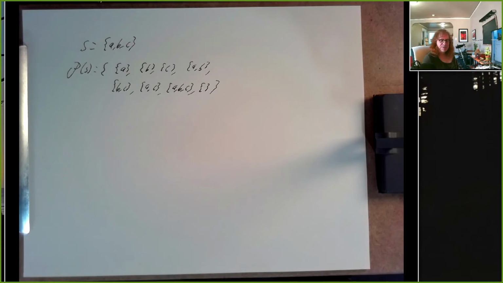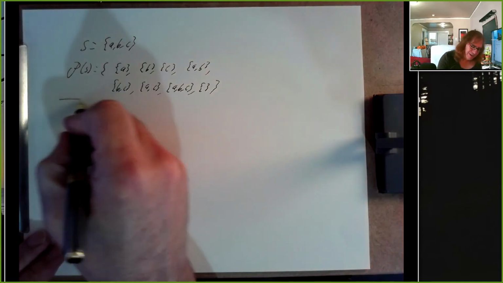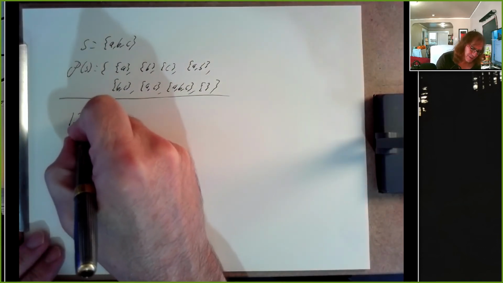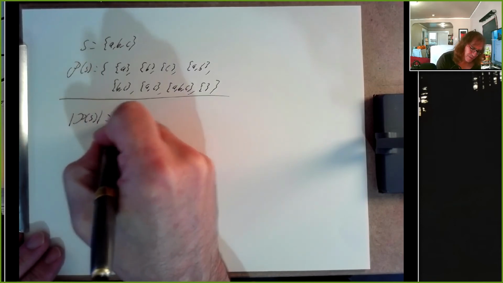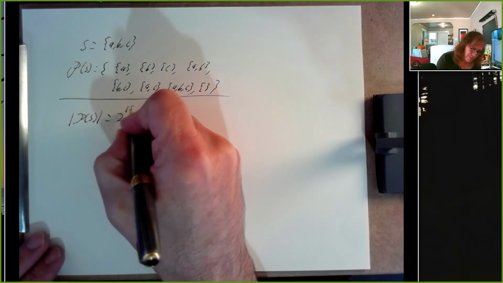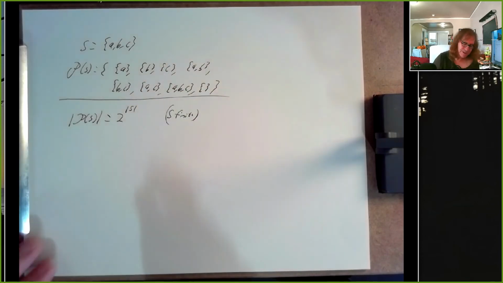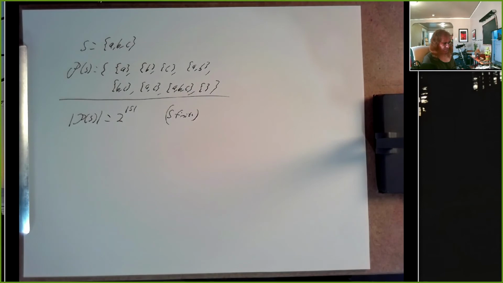And if you had 5 elements in S, you would have 2 to the 5th or 32 elements in the power set. And I suggested that there was a general property: the number of elements in the power set of S is equal to 2 raised to the number of elements in S, as long as this is a finite set. The power set is just the collection of all subsets, so the number of subsets of S is just 2 raised to the power of the cardinality of S.